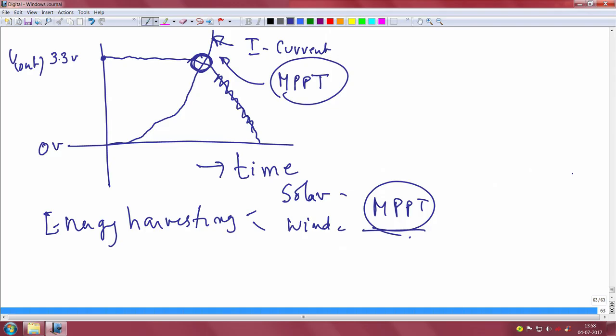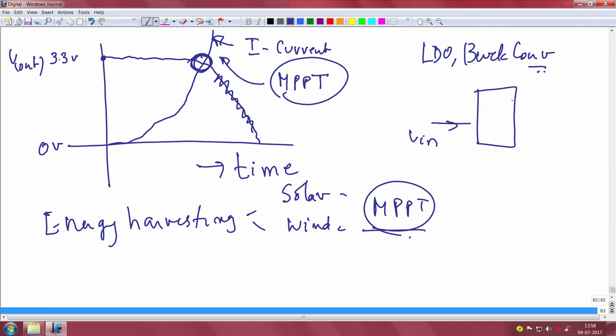Clearly what this simply means is, unlike the LDO and the buck converters we spoke of, where we know that there is a certain V in and then a certain V out, with input and output capacitors for stability purposes, as we discussed earlier.